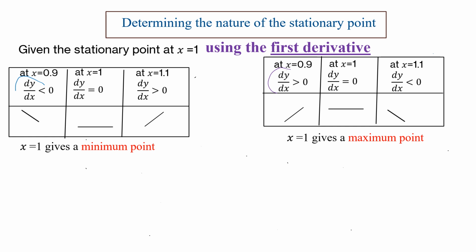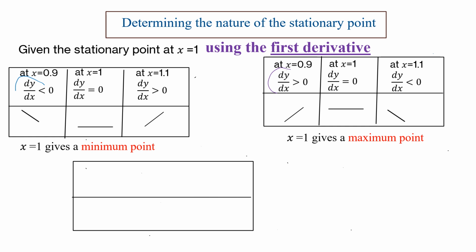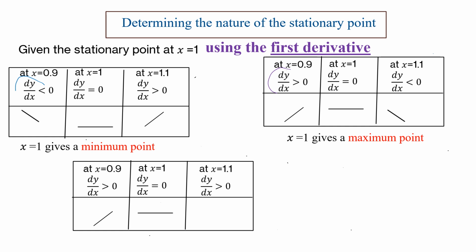It can also be points of inflection, like what I mentioned earlier on. So how do you get points of inflection? That is when the point on the left gives you a positive gradient, and the point on the right also gives you a positive gradient. If you join all these three together, you get a point of inflection. You basically get something like this.